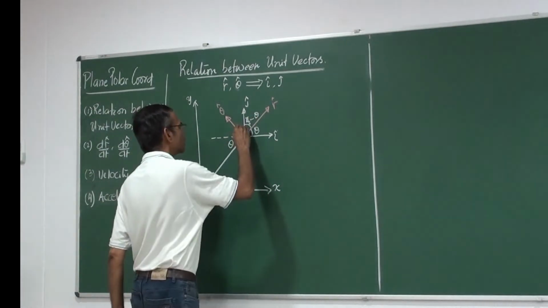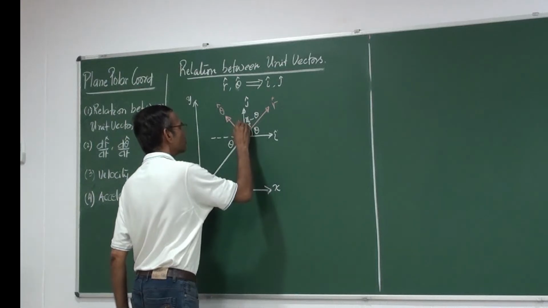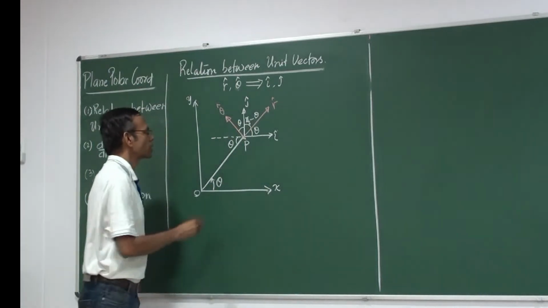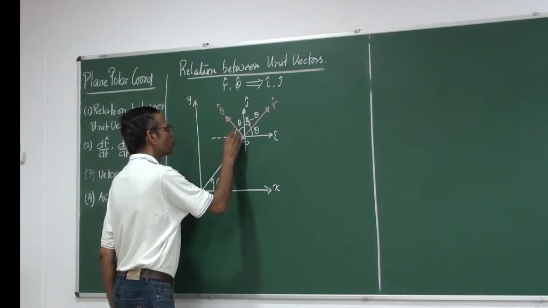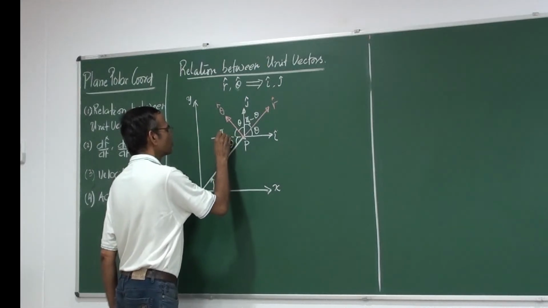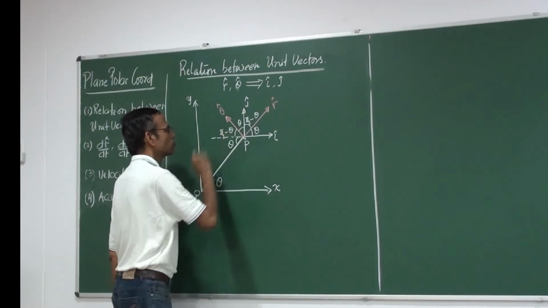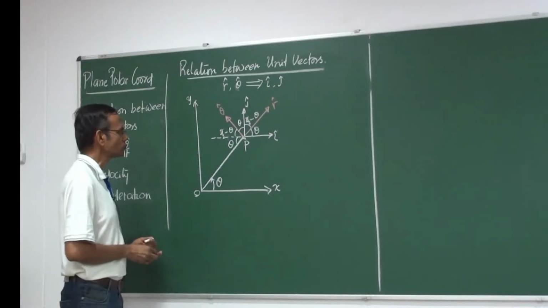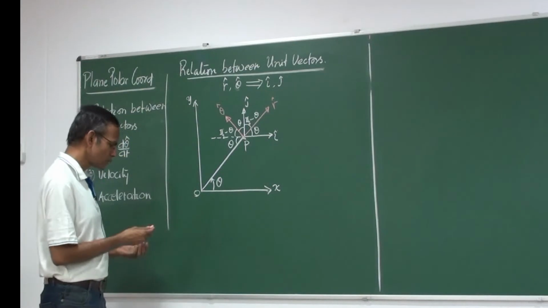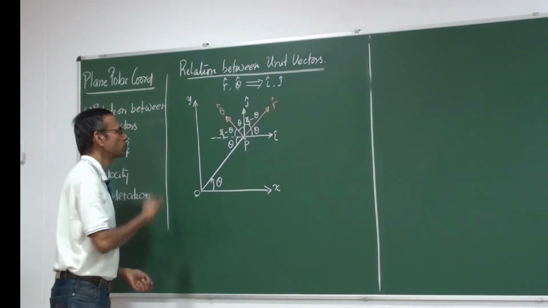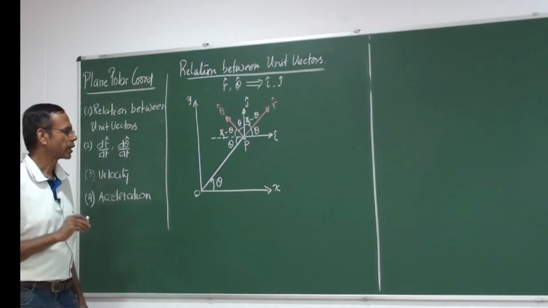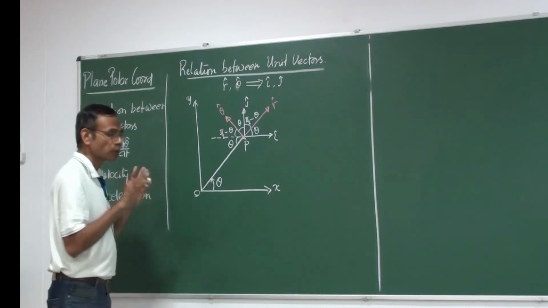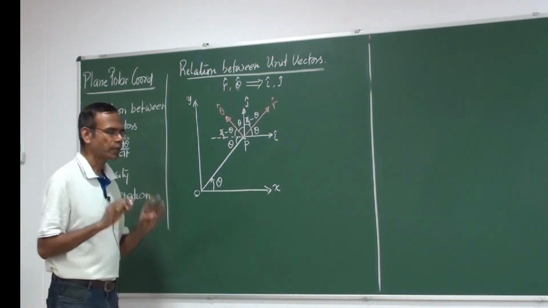This angle is again theta. This angle is your pi by 2 minus theta. Alright? Good. Now, basically we have to find out the relations between r cap and theta cap with i cap and j cap.